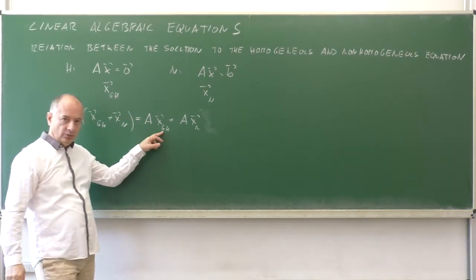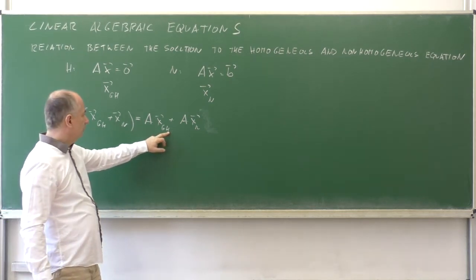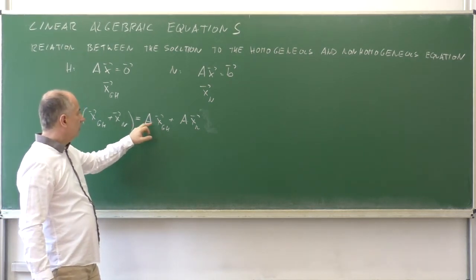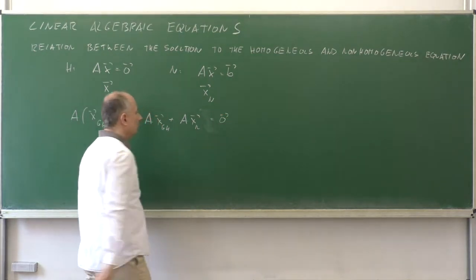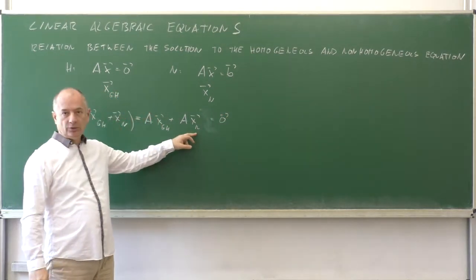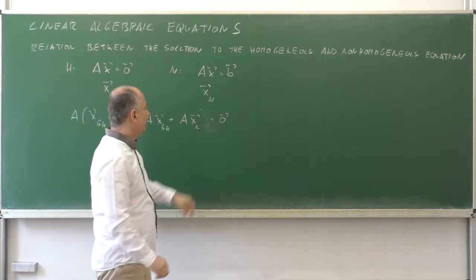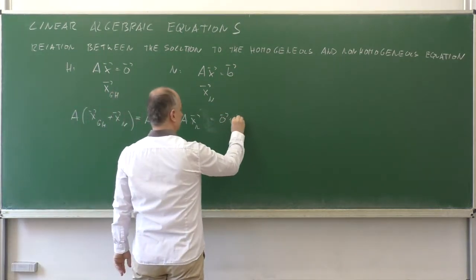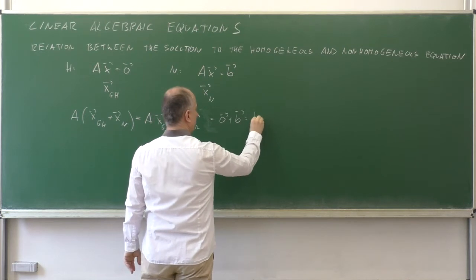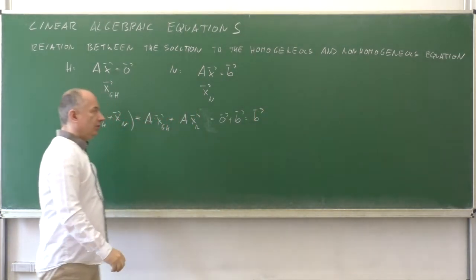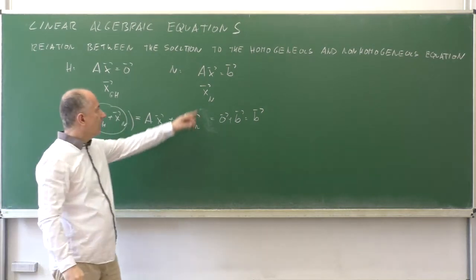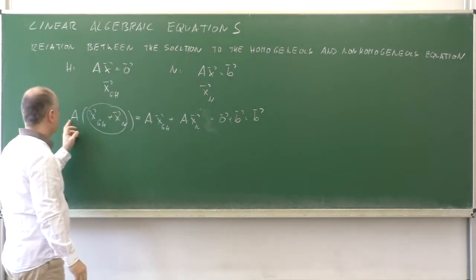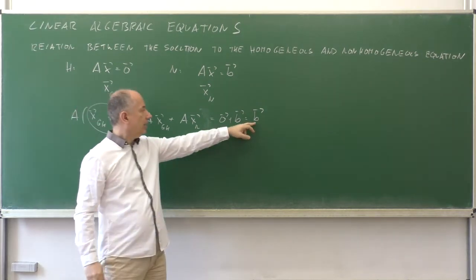But the solution to the homogeneous system gives 0 when multiplied by A, and the solution to the non-homogeneous system gives b. So 0 plus b is b. So we see that this vector solves the non-homogeneous system because A times the vector is equal to b.